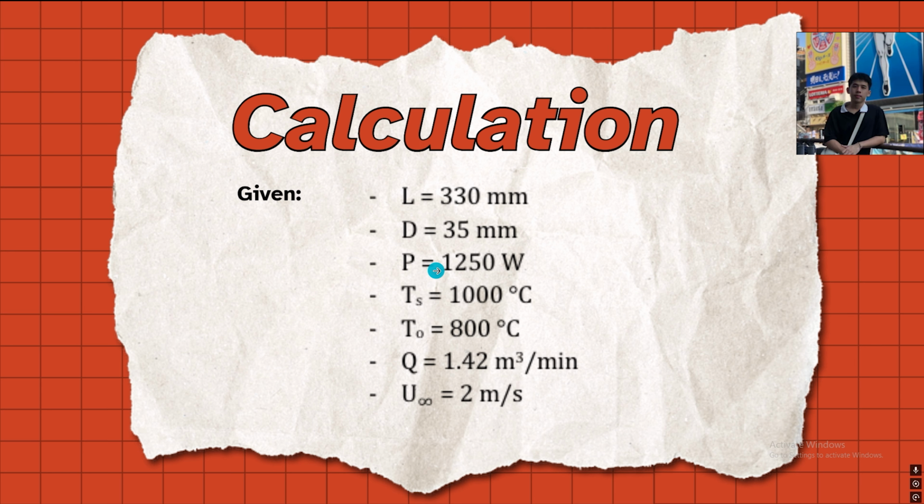The power P is 1250 watts, and the surface temperature is 1000 degrees Celsius. The outlet air temperature T_o equals 800 degrees Celsius, and the volumetric flow rate Q is 1.42 cubic meters per minute, and the U infinity or upstream velocity is 2 meters per second.